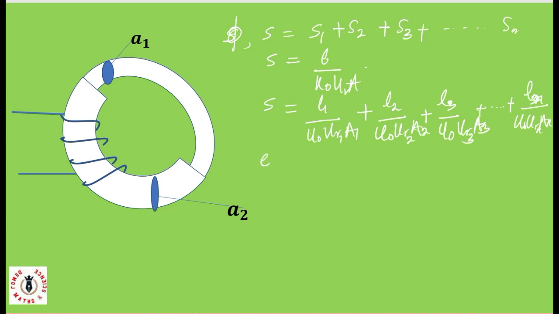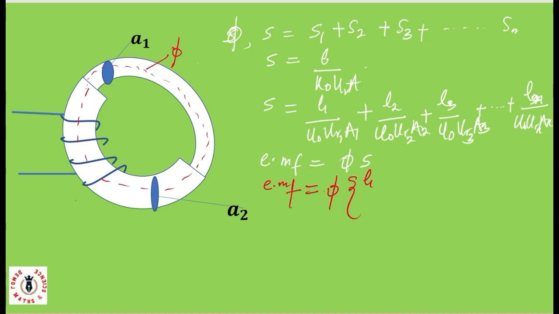Let's remember that my m.m.f for any magnetic circuit is the same thing as phi times S. Now, since the magnetic flux phi in this circuit is constant, as shown here, I can say that my m.m.f will now come from phi times the whole of L1 over mu naught mu r1 A1 plus L2 over mu naught mu r2 A2 plus up to Ln over mu naught mu rn An.